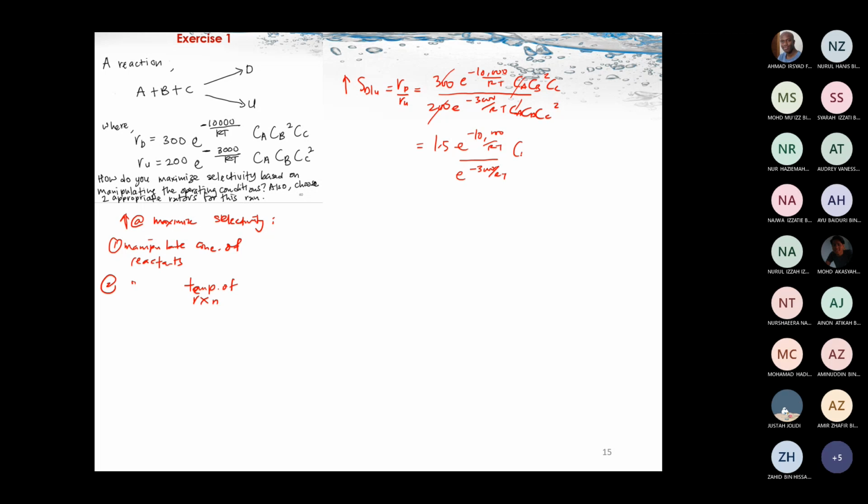Okay, so this one CA 1 minus 1, and then we have CB 2 minus 1, and then CC adalah 1 minus 2. So daripada sini kita boleh simplify as 1.5 e to the power of 10,000 over RT over e to the power of 3,000 over RT.